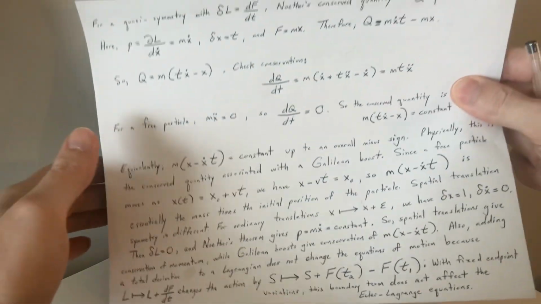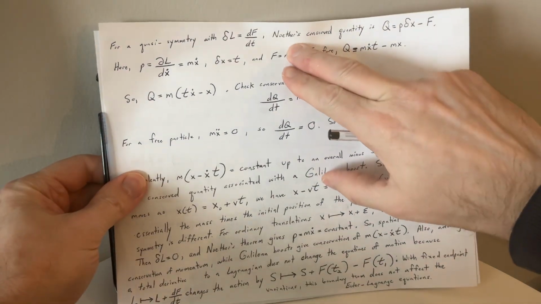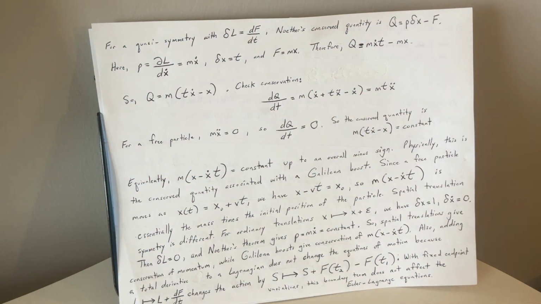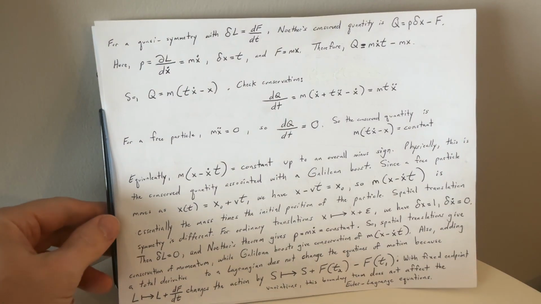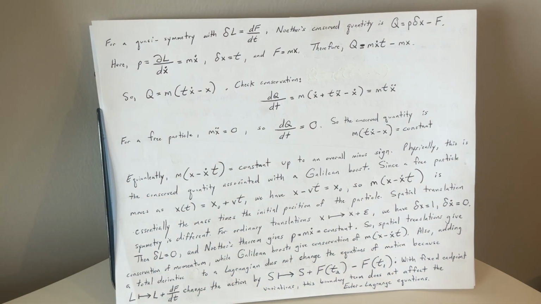Building on that, for a quasi-symmetry with delta L equals df/dt, Noether's conserved quantity is q equals p delta x minus f.